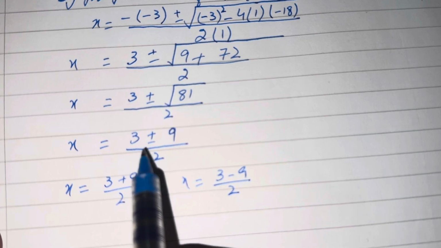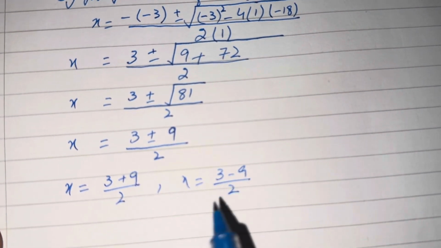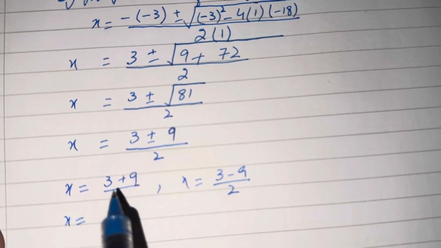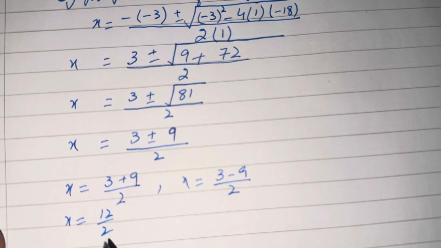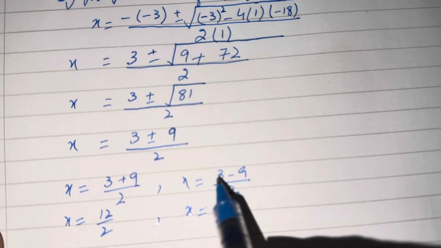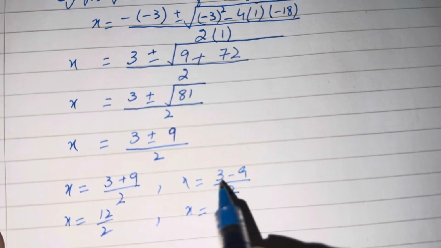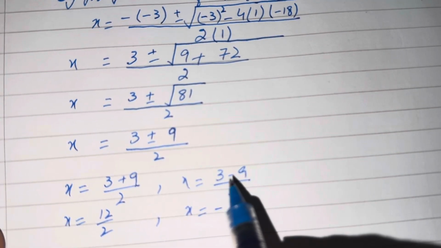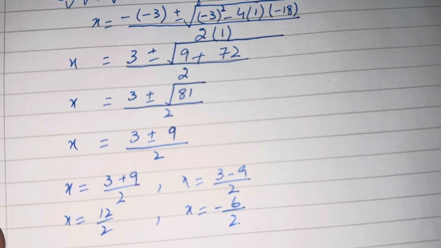So we have separated these terms, one with positive sign and one with negative sign, to find the solution set of the equation. So 3 plus 9 is equal to 12 divided by 2, and in this condition x is equal to 3 minus 9, means the bigger number is subtracted from the smaller number, so the sign will become negative. So 9 minus 3 will become 6. So minus 6 over 2.